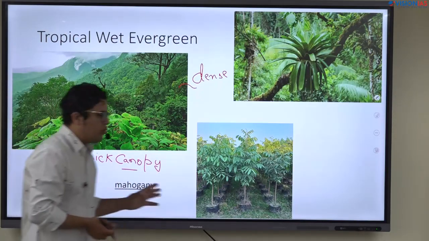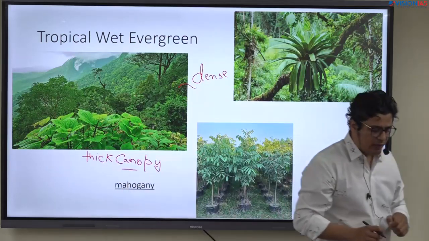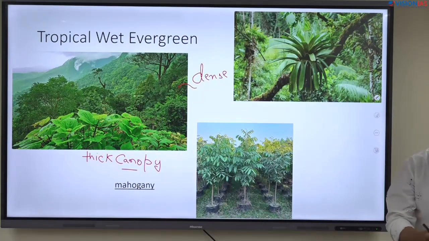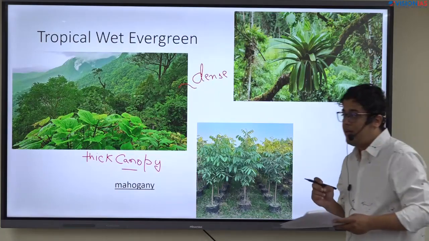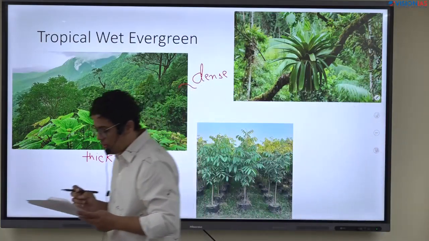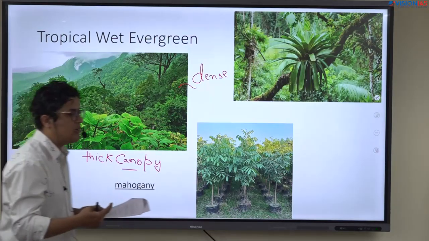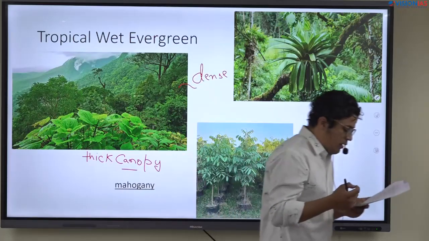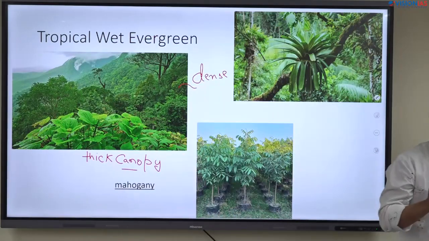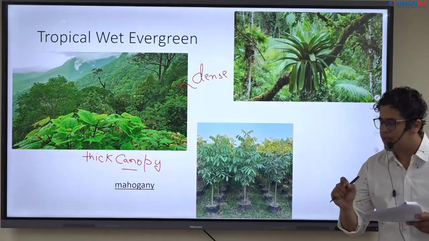Now this particular forest, if you look at the climatic characteristics, what it says, annual rainfall greater than 250 centimeter. Look at your printout. Annual rainfall greater than 250 centimeter. That means a very heavy rainfall occurs in these regions. Temperature 25 to 27 degrees Celsius in warm conditions.